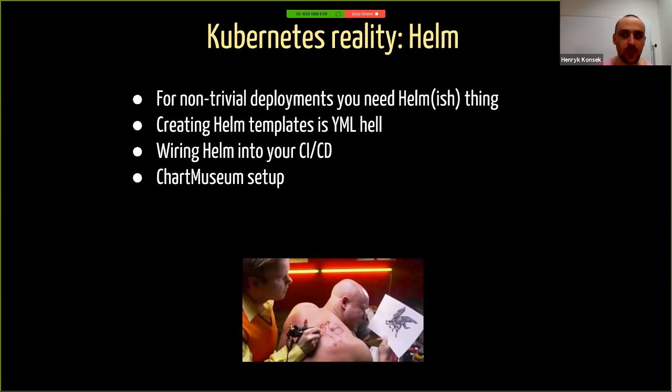And if you've been working with Helm, creating all these YAML files for Helm templating can be quite challenging. You also need to deploy your Helm charts somewhere if you would like to version them. So you probably need to set up something like a Helm chart museum or a similar service.